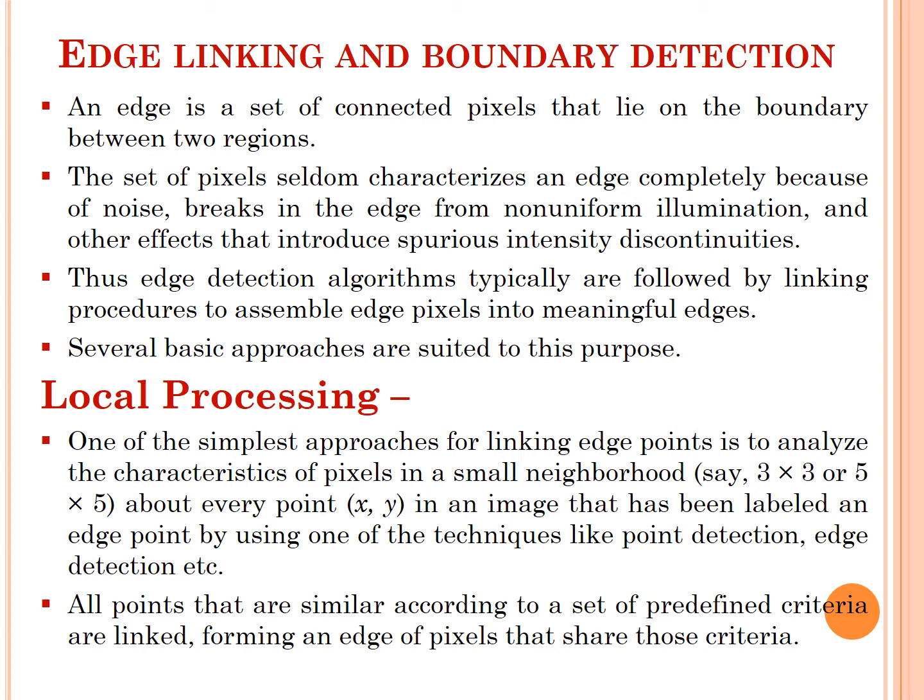One of the simplest approaches for linking edge points is to analyze the characteristics of pixels in a small neighborhood, say 3 by 3 or 5 by 5, about every point (x,y) in an image that has been labeled an edge point by using one of the techniques like point detection, edge detection, etc. All the points that are similar according to the set of predefined criteria are linked, forming an edge of pixels that share those criteria.